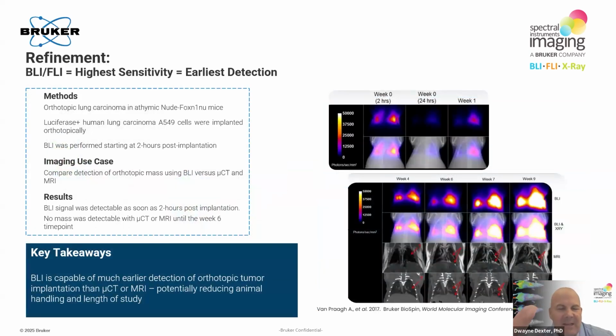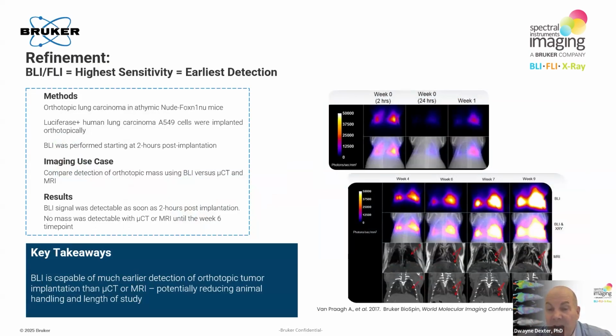And again, a last takeaway is using BLI to evaluate early time points. So in this case, it's orthotopic delivery of A549 cells into the lung and looking at how successful we were with the orthotopic delivery and then the tumor take rate.